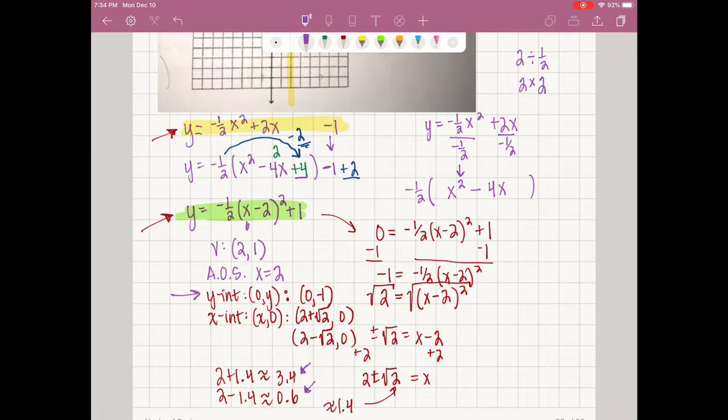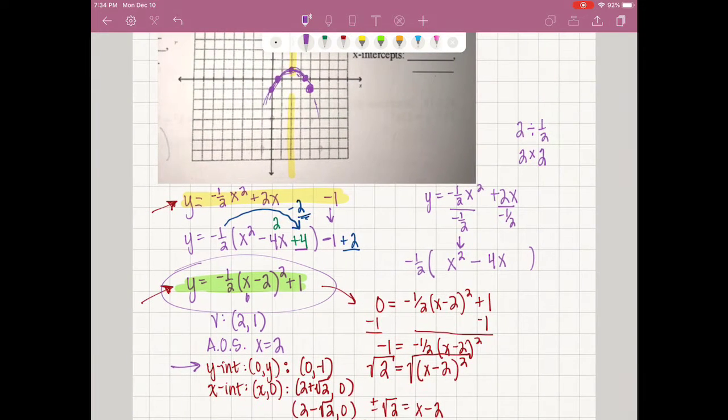6 minus 2 is 4. 4 squared is 16. -1/2 times 16 is -8. -8 plus 1 is -7. So 1, 2, 3, 4, 5, 6, 7, -7.